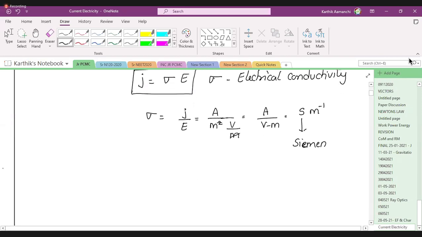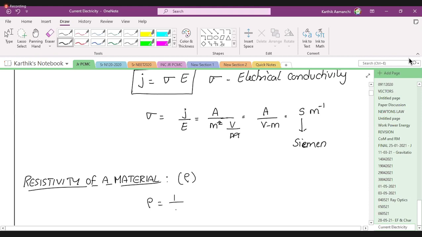Right? Next, put your heading as resistivity. Resistivity of a material is given as rho.